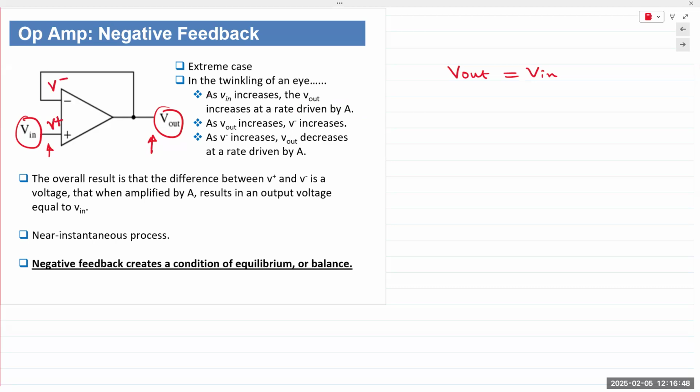If V negative increases, that has the effect of V out being decreased, because the difference in the signal should be amplified, and in that case, V out would correspondingly decrease. This happens at an extremely fast rate. As soon as you build the circuit and you apply input signal, output is equal to V in. Okay, output becomes equal to V in.